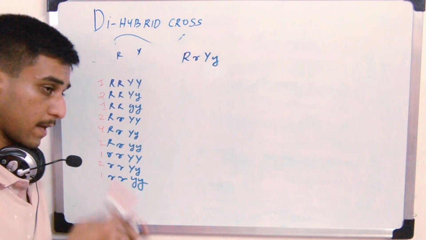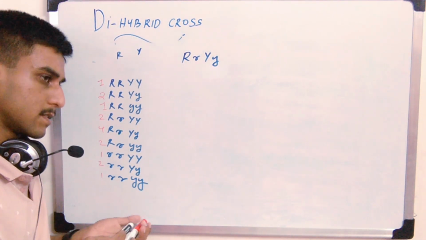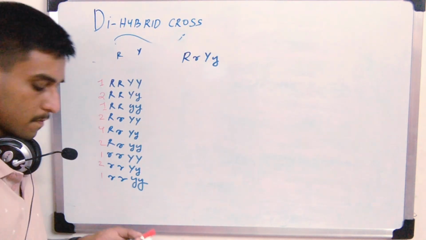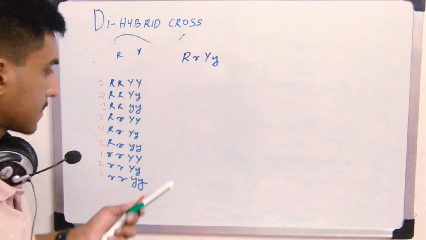Now we will find out the phenotypic and genotypic ratio. Genotypic and phenotypic ratio will be the same, but we need to find the combination, right? So I will be writing the phenotype.